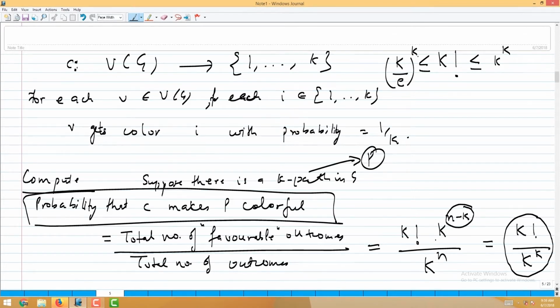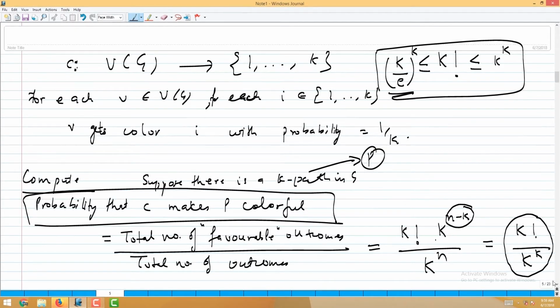E is the exponential constant, 2.718. Again, we are not going to prove this, but this is true, okay.